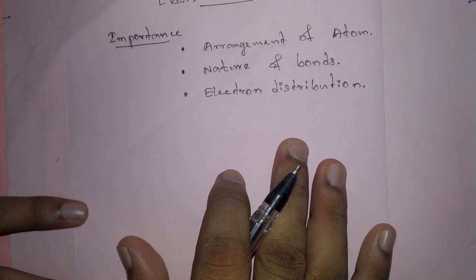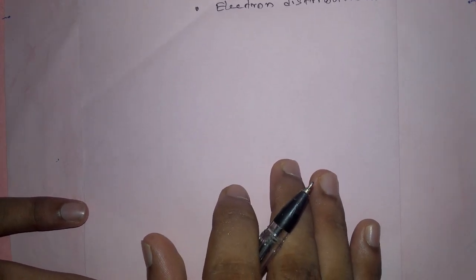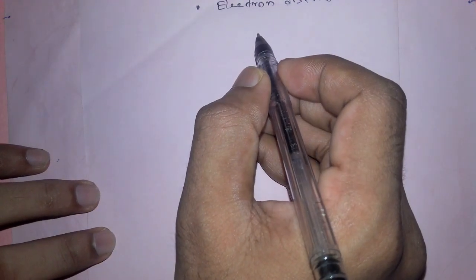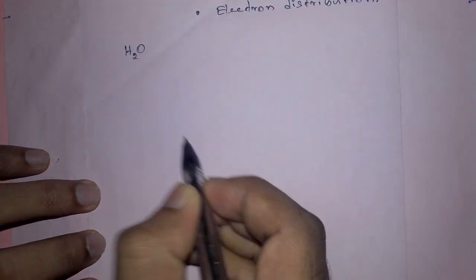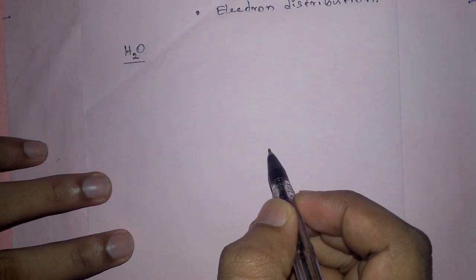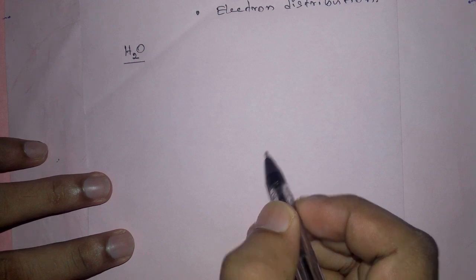And let's see how to draw a Lewis structure for a given molecule or an ion. I will take an example, water. Let's see how to draw the Lewis structure of water. There are main key points to draw Lewis structure of molecules or ions.